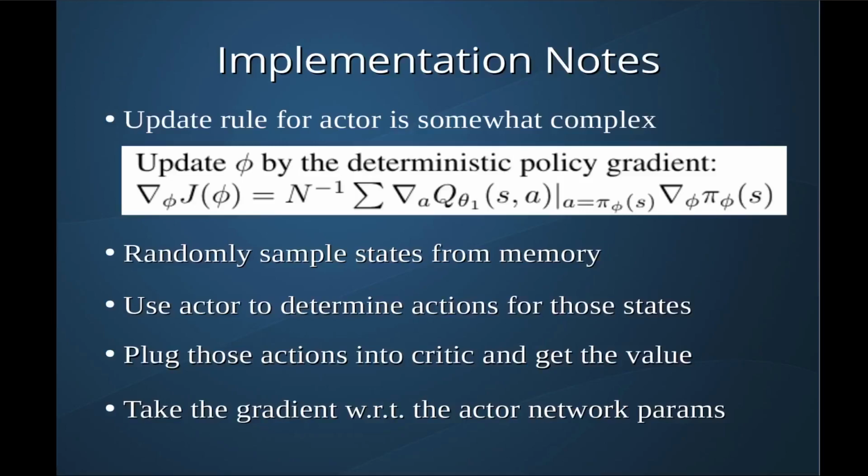That's just by design. And then we're going to take the gradient with respect to the actor network parameters. Now, we don't have to calculate that gradient. TensorFlow is going to do it for us. We just have to do the first three things, where we sample states, use the actor to determine actions for those states, plug those into our critic along with the states to get some value, and then take the gradient with respect to the actor network parameters.